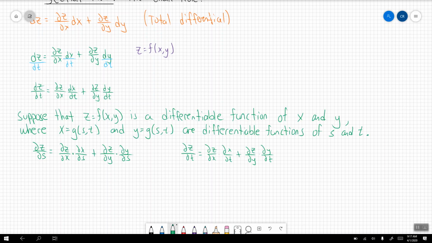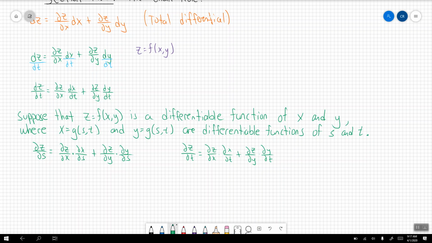All right, so here's a definition that we use. We're going to say, suppose that we have this function of two variables, which we'll call z, and that function is a differentiable function of x and y, meaning we can take the derivative both with respect to x and with respect to y. Now, x is going to be parameterized by s and t, and y will then be parameterized by s and t as well.